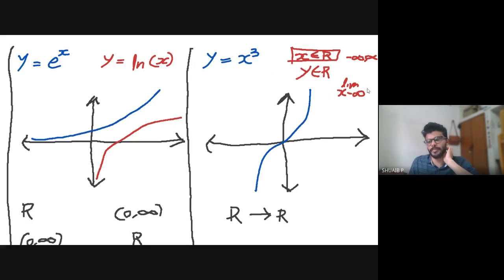For x cube, it will be minus infinity itself. Similarly, for limit extending to infinity, y will be tending to infinity. So here you can see for x belongs to R, y also belongs to R. So the domain and range of this function will be the set of real numbers.